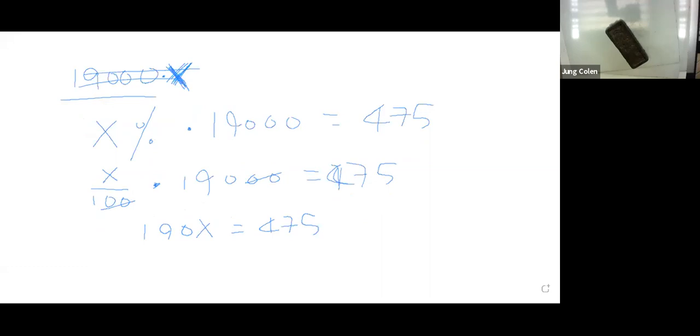What do I do? Divide it by 190, and X is 475 divided by 190, which is 2.5. So X is 2.5. I said X is percent, so it is 2.5%. Okay, any question for that now?